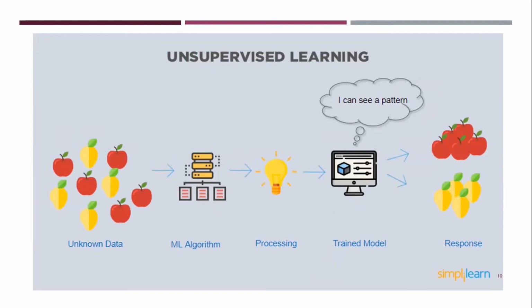It can tell this group of items are similar and can be grouped as one. The other group of items are similar and can be grouped as one. So that creates a cluster of groups within your data.